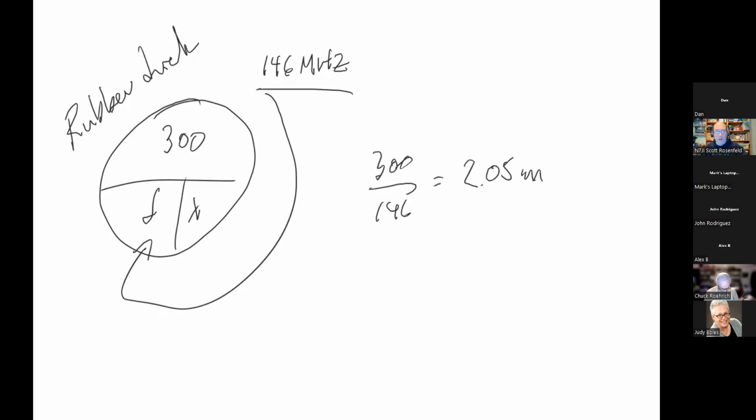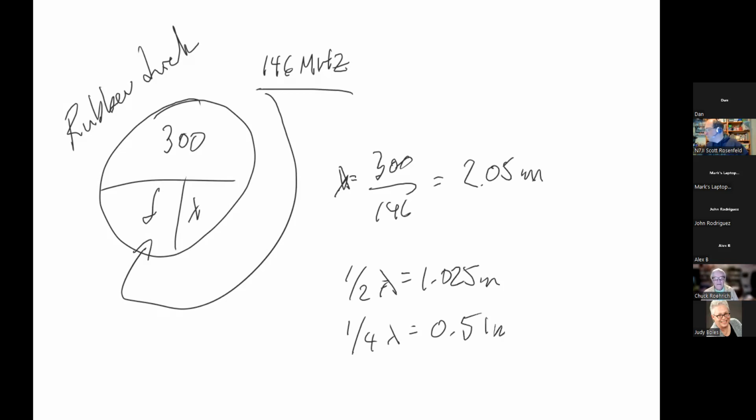So 2.05 meters is a full wave on 2 meters. A half wave is 1.025 meters. And we're going to make a quarter wave. A quarter wave is 0.51 meters. Multiplied by 39.36 inches per meter is 20 inches.